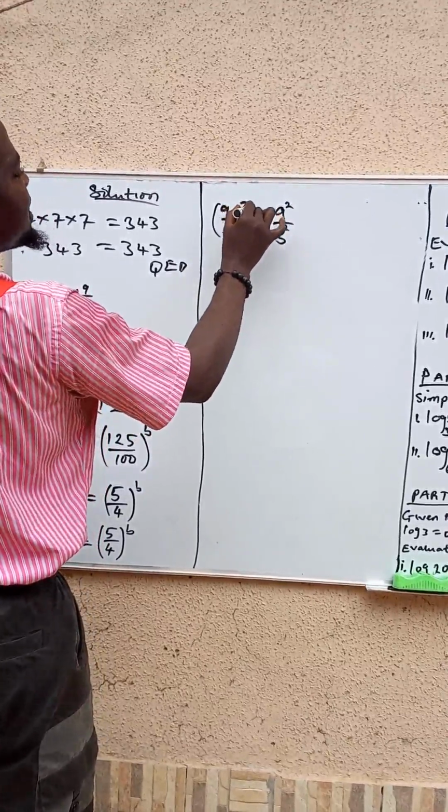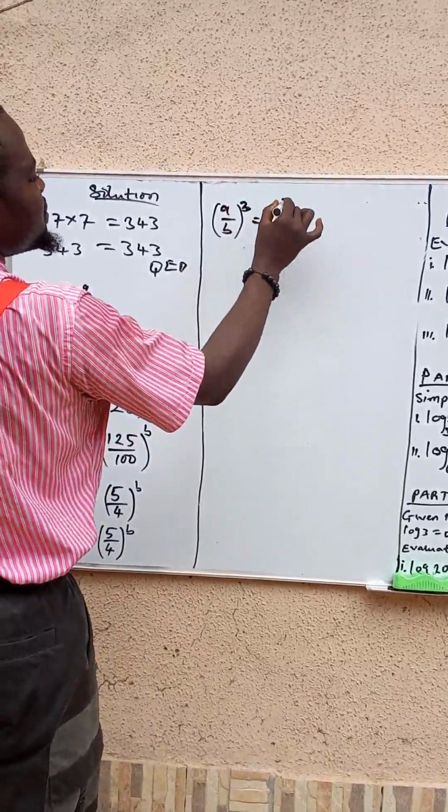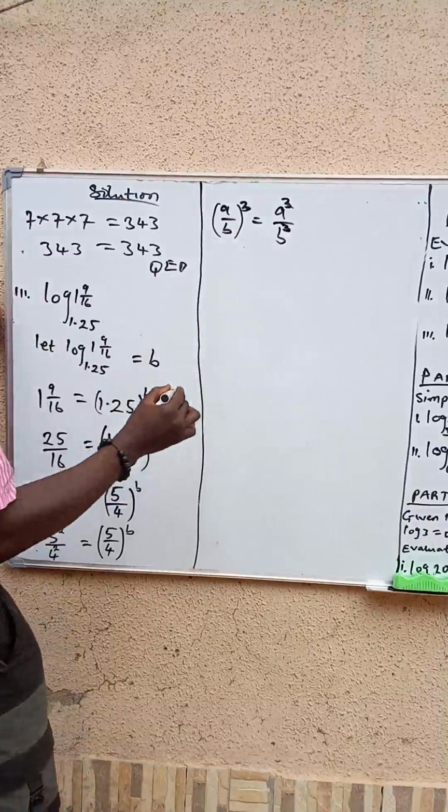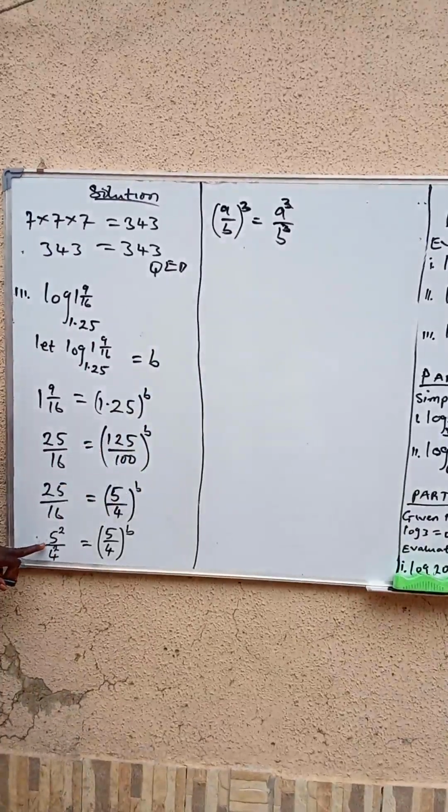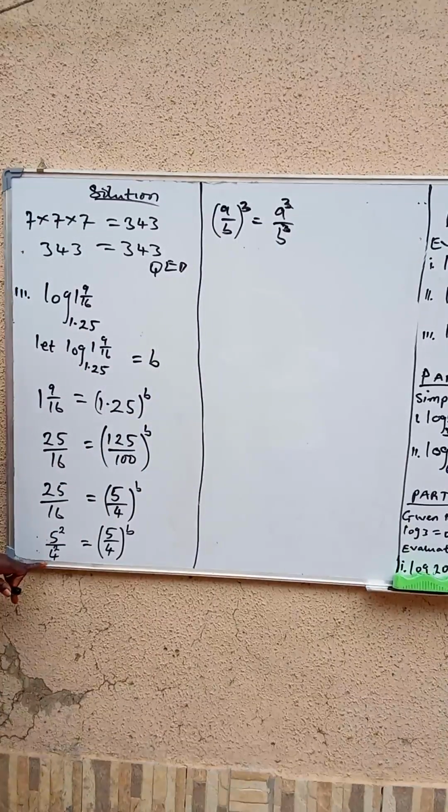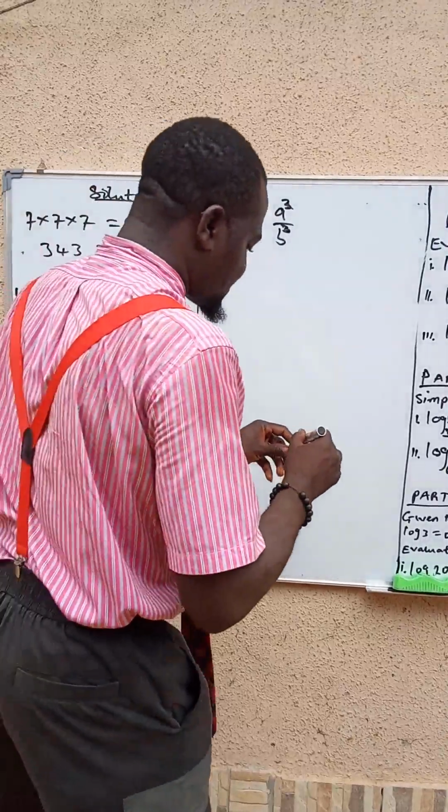And if it's 3, it will be the same thing as a raised to the power of 3 over b raised to the power of 3. So in this case, we're having 2 here and 2 here. Since the power is the same at the numerator and denominator, I can bracket it and put it as one power.